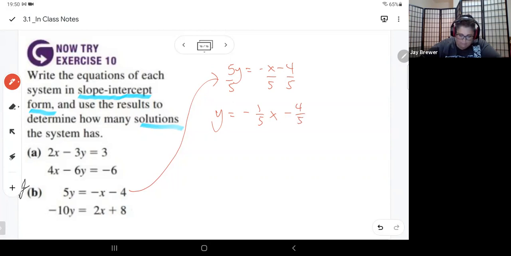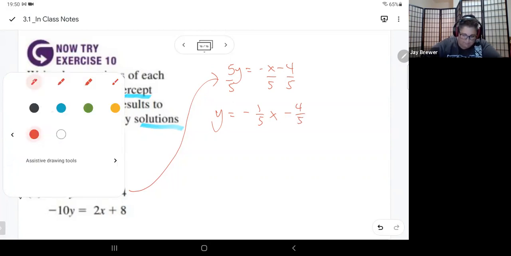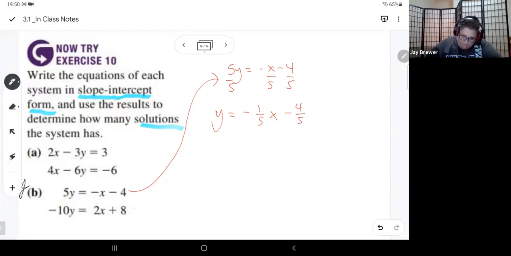All right, then we got to work on the other guy. All right, and we'll do it down lower so we can bring it up. That's a pretty nice one too. So we're going to divide everything by -10.